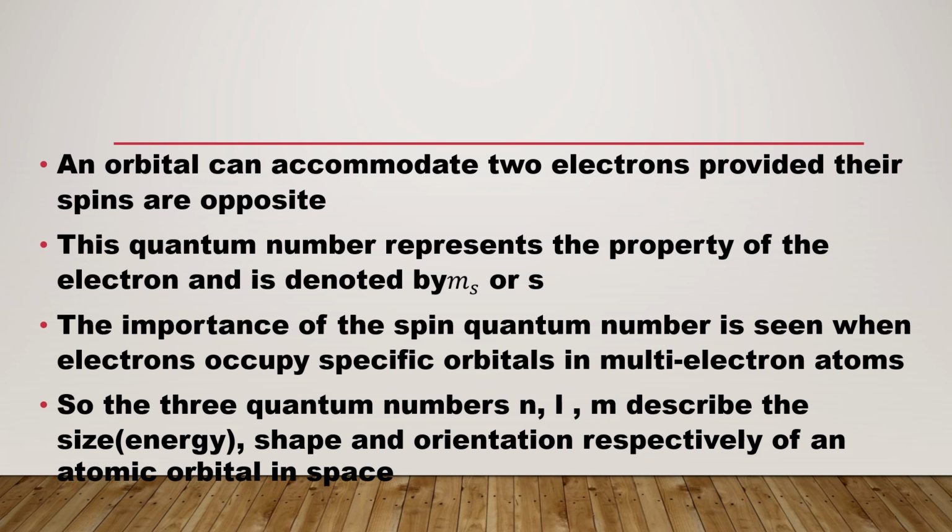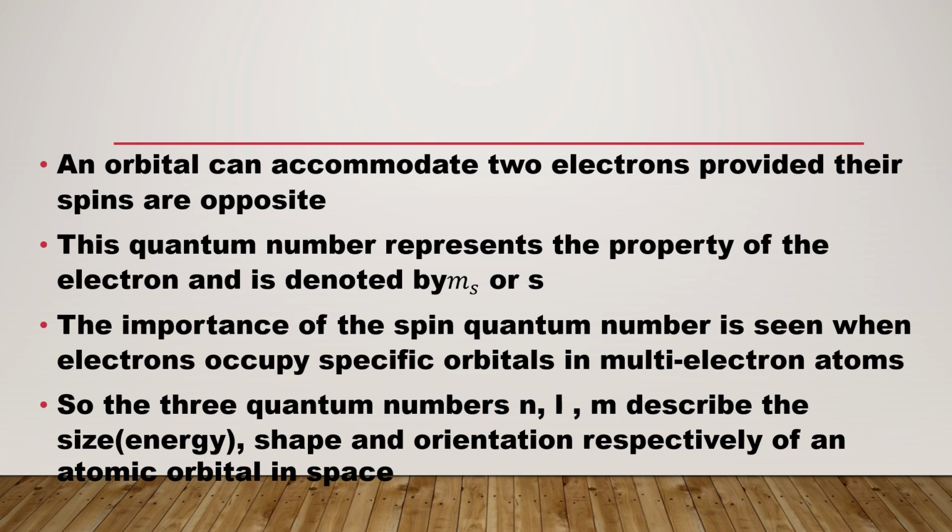If both are positive values, then the spins are parallel, otherwise the spins are anti-parallel. This quantum number represents the property of the electron and it is denoted by ms. The importance of the spin quantum number is seen when the electrons occupy specific orbitals in multi-electron atoms.